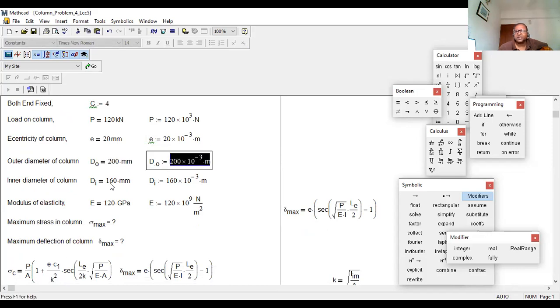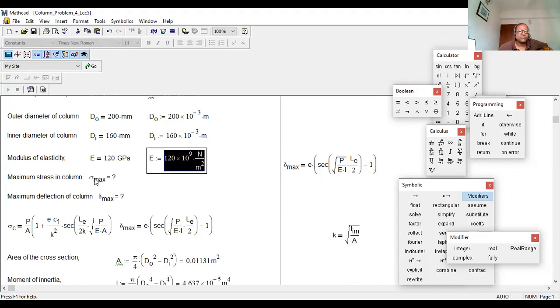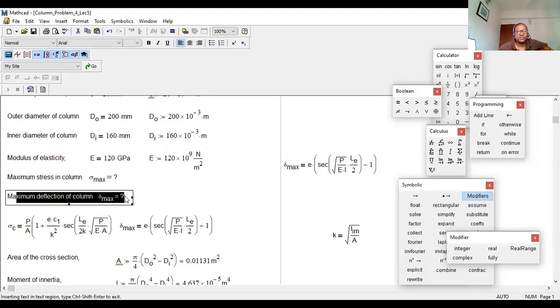Inner diameter is given; you convert it into meter. Then the modulus of elasticity is given, and you convert the value of E into Newton per meter square. What do we need to figure out? The maximum stress in the column, sigma max, and the maximum deflection.